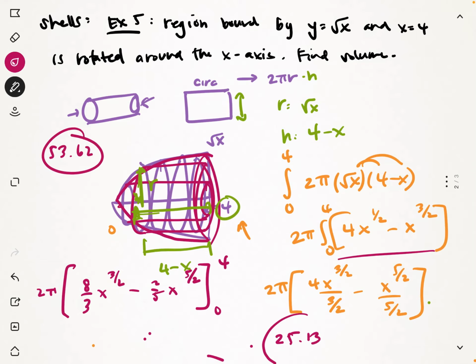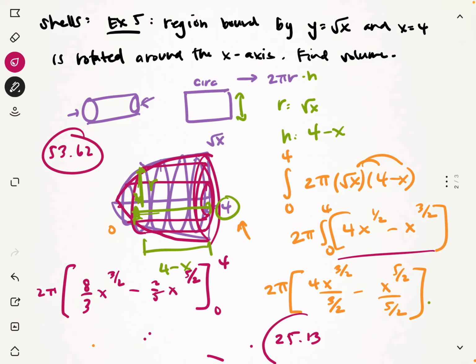The integral from 0 to 4 of square root x times 4 minus x dx. It still comes out weird. I might have set it up funny, but you get the idea.